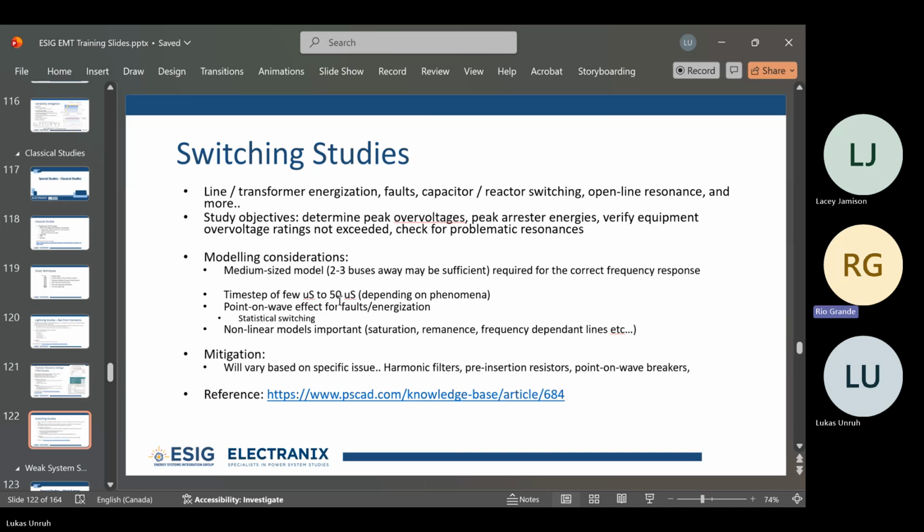And what do we do if something goes wrong? It's going to depend a lot on the specific issue that you see, but if it's a harmonic issue, maybe you'll use some sort of harmonic filter to shift the resonance away from the problem that you're seeing. If you're doing a transformer energization and you see there is a high likelihood of a problem, then you can use a pre-insertion resistor to soften the switching.